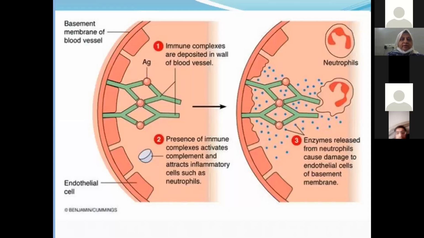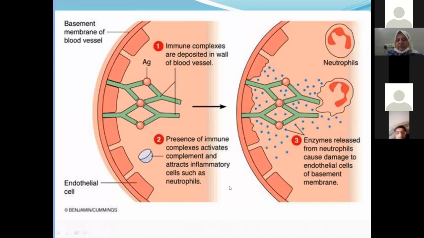You can see here that immune complexes are formed, consisting of antigens and the antibodies made against them, and these immune complexes are deposited in the blood vessel walls. The presence of these immune complexes activates the complement proteins.